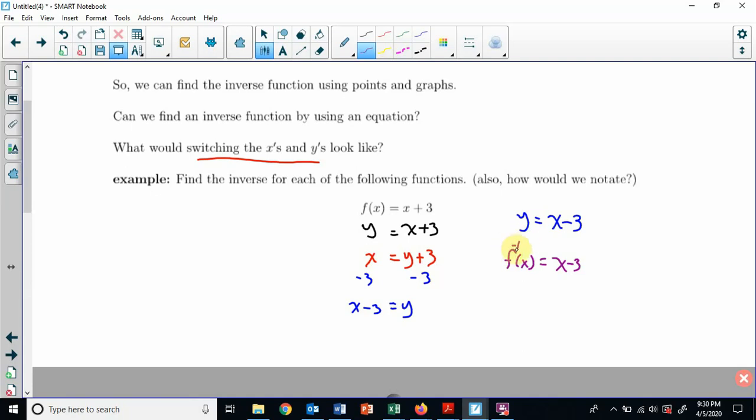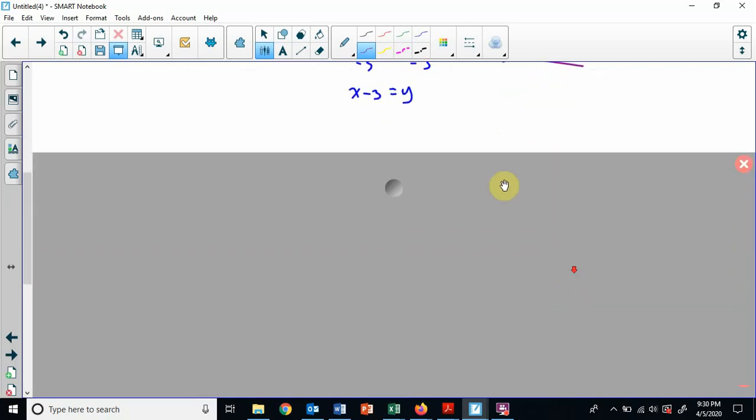This just means it's the inverse. F negative 1 of x is x minus 3. So these two functions are inverses. So literally, all you do is swap the x and y, solve for the y, and then use the fancy notation. Okay, let's do a few more examples just to get cozy with this idea.